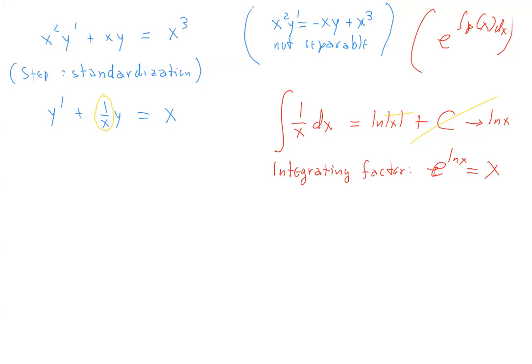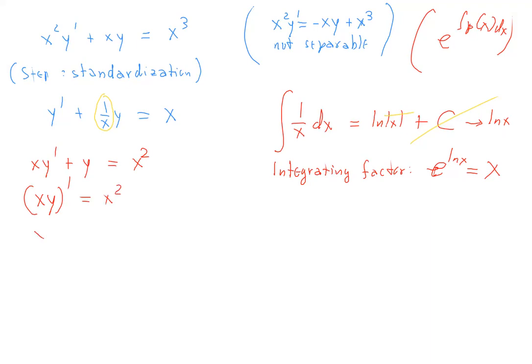So I multiply all sides by x, so I get x y prime plus y is equal to x squared, sorry, and I know right away that what I have on the left is the derivative of the integrating factor times y. I know that with eyes closed. It is equal to x squared.